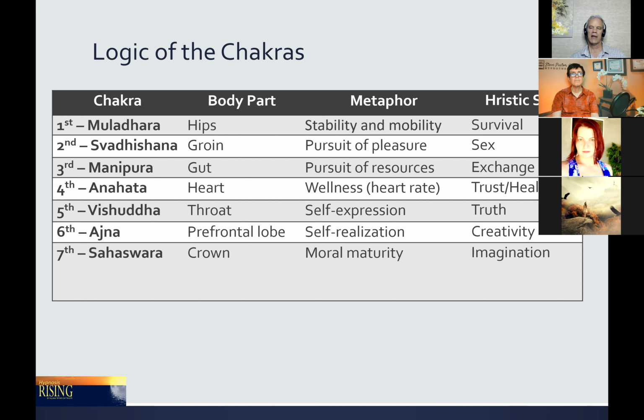And so in the heuristic path, what we're talking about is, instead of just looking at these chakras, we're talking about survival, sex, exchange, trust and healing, truth, and then the capacity to create ourselves in the way that we want to be in the world. And what the stages of development teaches us is that we can't do this alone.